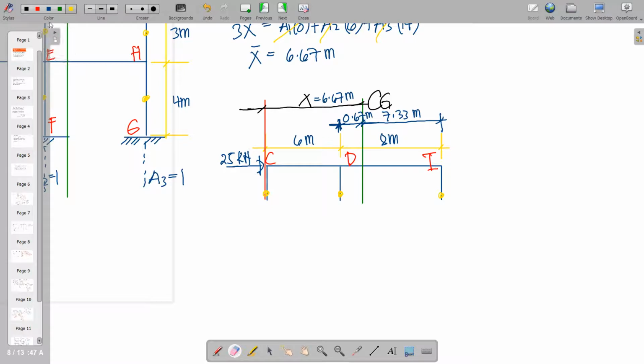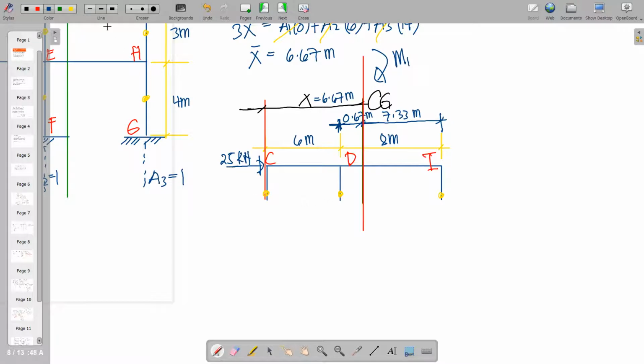For the upper portion, again, we highlight the location of the center of gravity. And then what will be the rotation? It is rotating clockwise if we apply 25. Say this is M1. I'll just delegate that as M1.